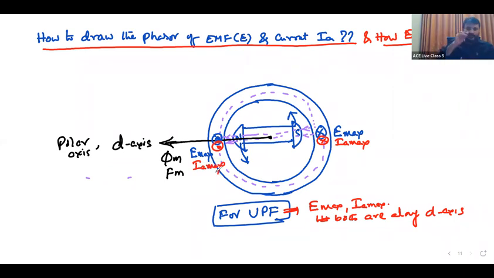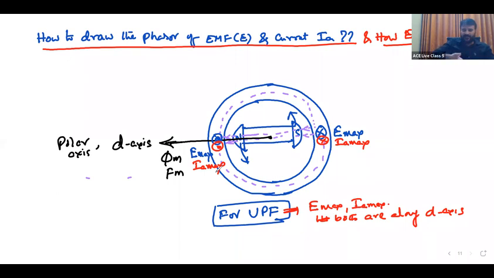Now, if you want to show the current phasor, how to draw it? The current will produce the MMF. To find the MMF, apply your thumb rule. The current is entering on the right side and leaving on the other. This is the thumb direction.